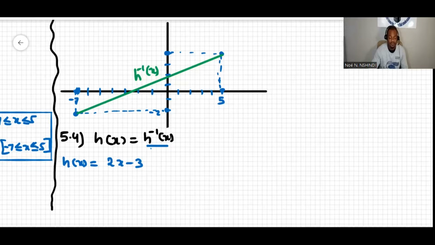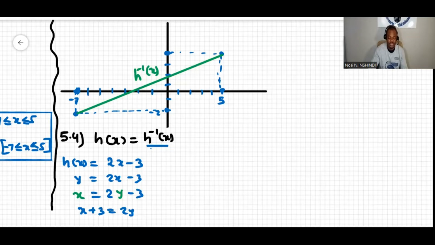Now, to find h minus 1 of x, we're going to manipulate the variables of h of x. So we're going to change x to y and y to x to find h minus 1. So y, we call it x, and then x, we call it y. Now, this makes x equal to 2y minus 3. And if I need to find y, I move the -3 over, that becomes x plus 3 equal to 2y.